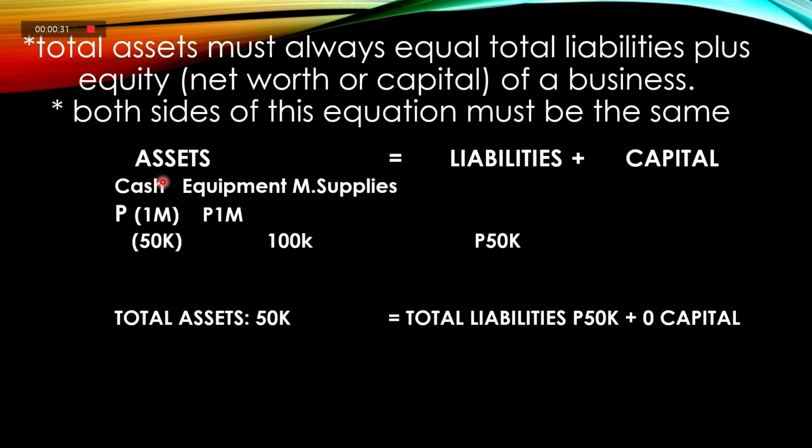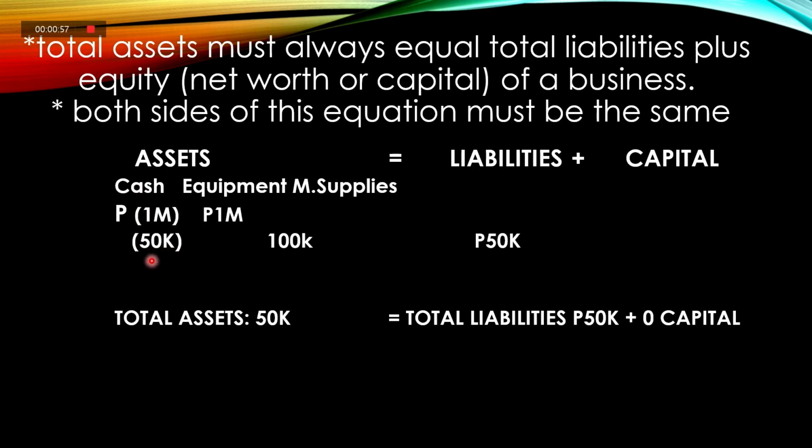For example, in our previous examples, assets equal to liabilities plus capital, we have cash amounting to 1 million, which is the purchase of the laboratory equipment, and 50,000, which is the purchase of the medical supplies. It's a decrease, so it's in parentheses to show that it's a decrease.